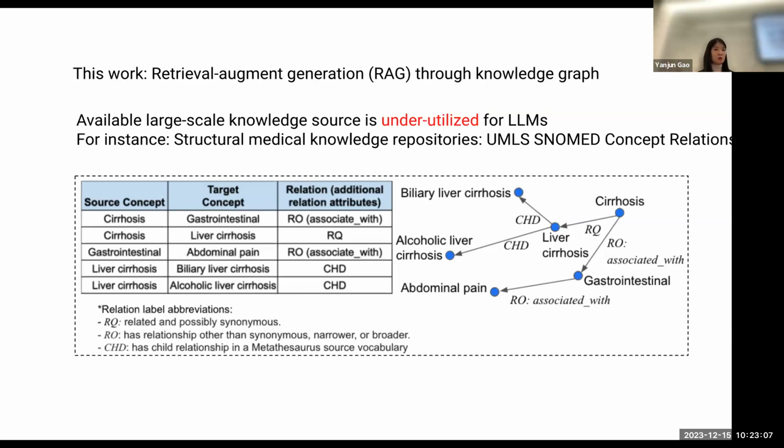Therefore, you are able to retrieve a path from cirrhosis to abdominal pain, even though they're not directly connected. This is called two hops, or multi-hop. The same idea we can apply to cirrhosis and alcoholic liver cirrhosis, because we have liver cirrhosis in the middle. So we are able to perform two hops to reach alcoholic liver cirrhosis.